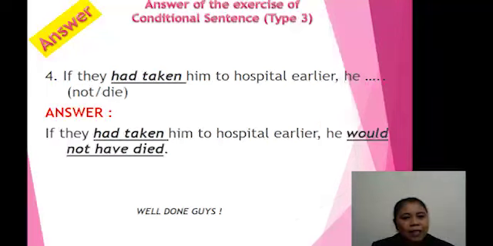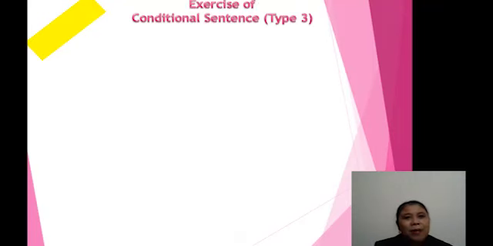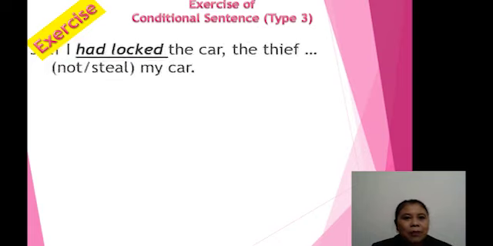The answer becomes: if they had taken him to hospital earlier, he would not have died. Is it the same as your answer? Okay, good. Now let's have the last exercise of conditional sentence type 3.